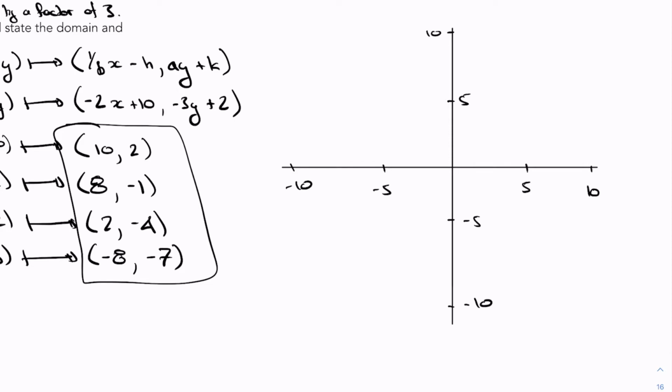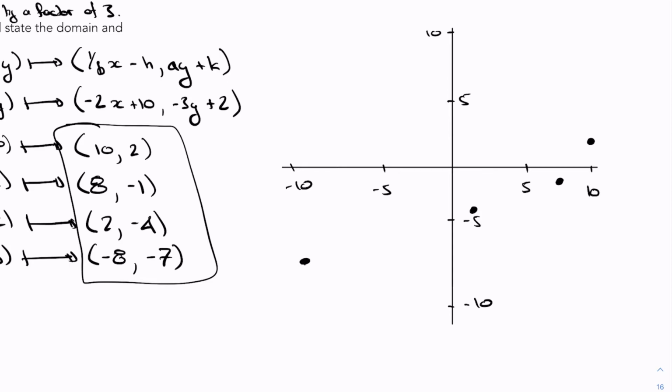So 10, 2 is roughly over here, my first point. 8, negative 1, roughly over here. Again, I don't have grid lines. 2, negative 4, roughly over here. And negative 8, negative 7, eyeballing it to be somewhere over there.